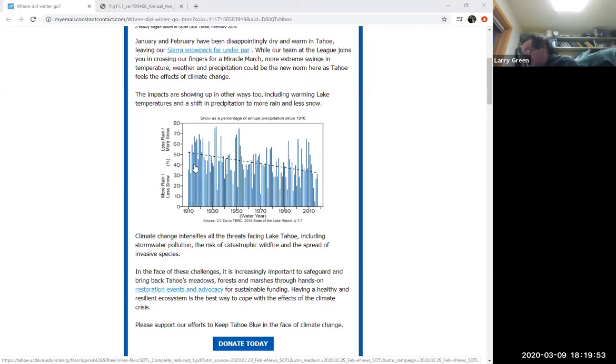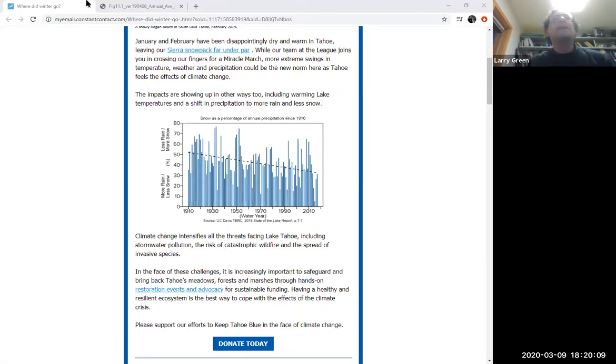If you do that, you get y equals 52 plus 1.2 over 10 times 1910. Let me do that on my calculator: 52 plus 1.2 over 10 times 1910, and I get 281.2.